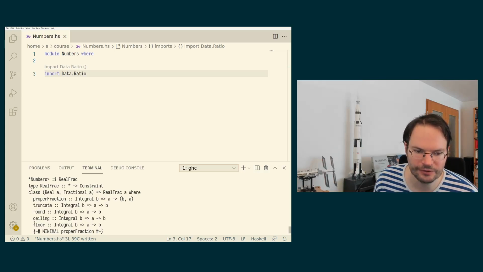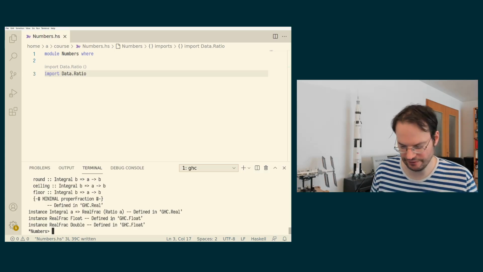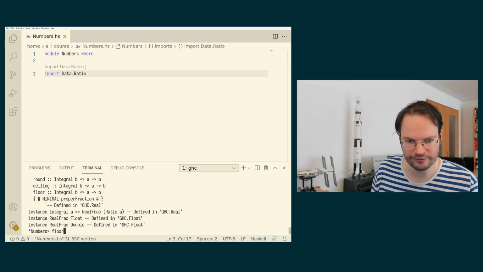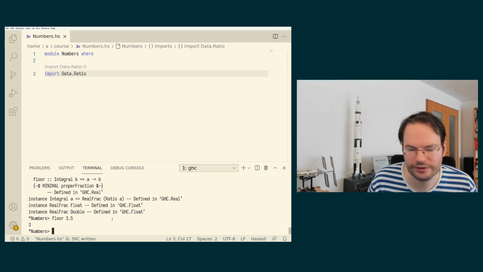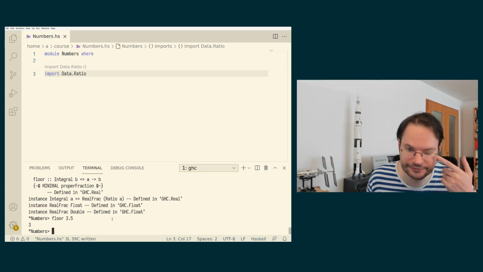So you would typically use something like floor or ceiling to specifically generate the next smaller or the next larger integer number. So for example, if you do floor of 3.5, you get 3, right? And that is a way to convert a Double or a Rational into an Integer if you need this.